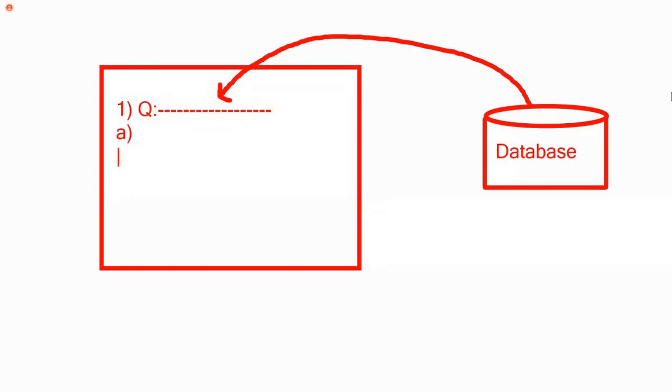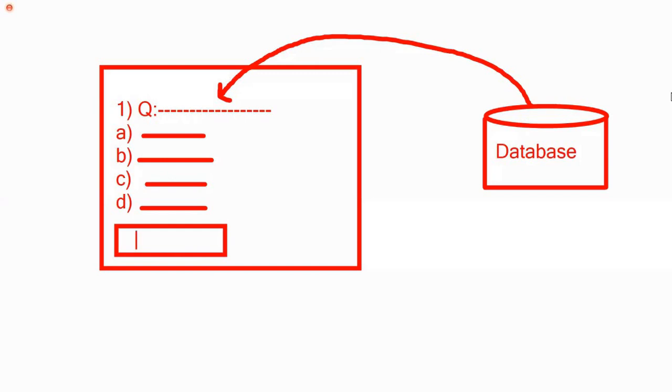Option A, answer B, C, D. Here, multiple choice questions, answers will be there. Here there will be check boxes or radio buttons. You'll click on the submit button after selecting an answer. These may be radio buttons like this. You can select answer option A or B or D.